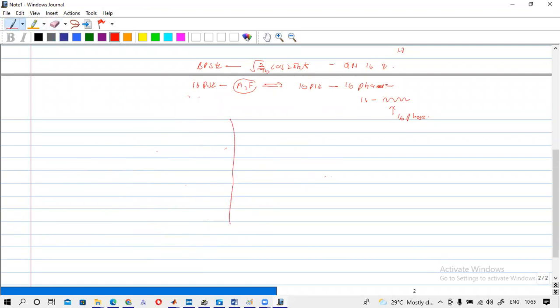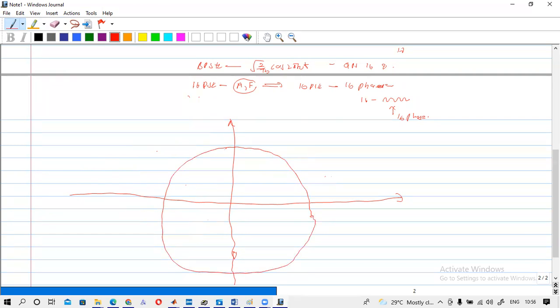This is my one basis function and this is my other basis function. All the points should be on a circle like this. Here we already have 4 points.